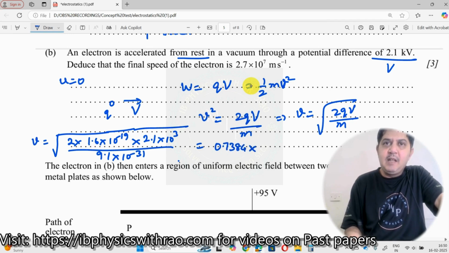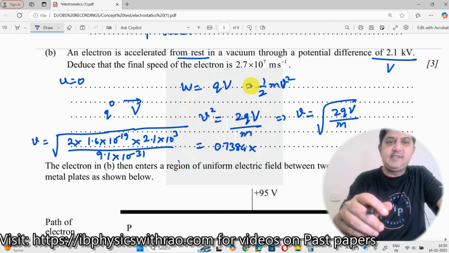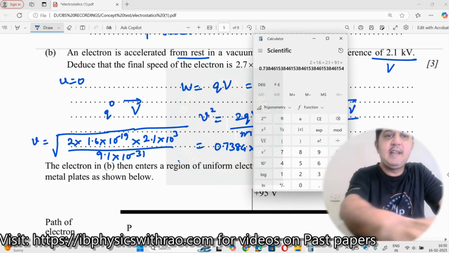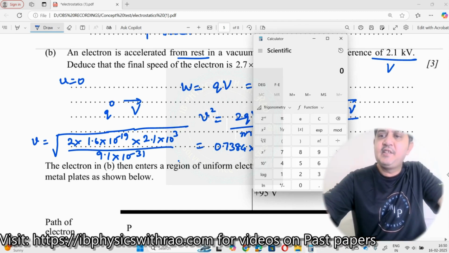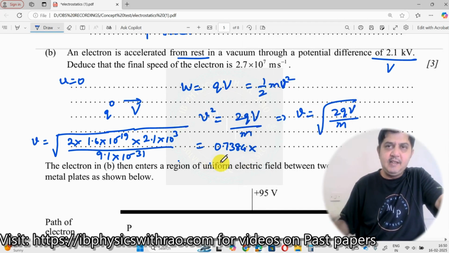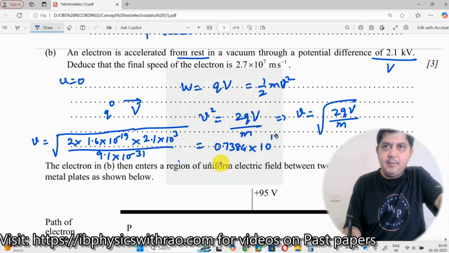0.7384 multiplied by 10 to the power of minus 19 plus 3, minus 16, minus 16 plus 31. Let me do this. So I have minus 16, minus 31. I get this, minus 15, right? So this goes upwards, so this should be positive, 10 to the power of plus 15.